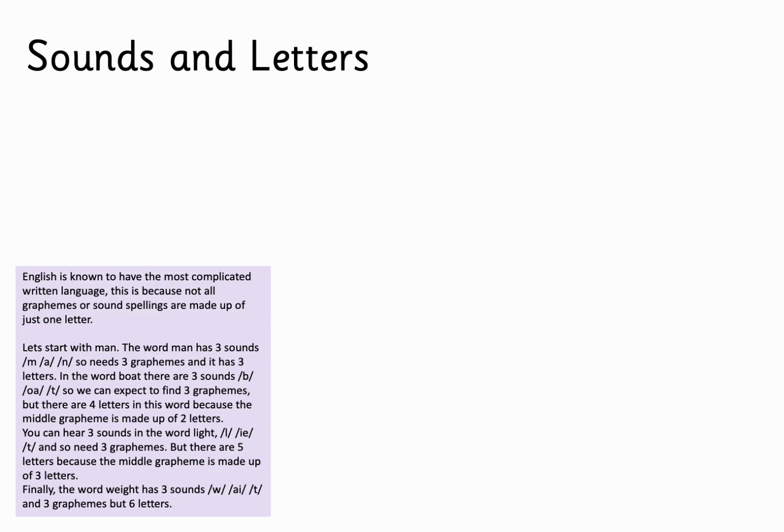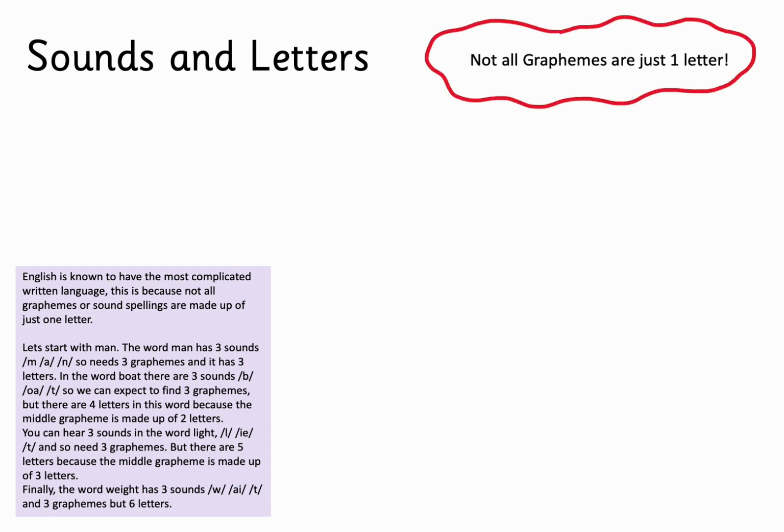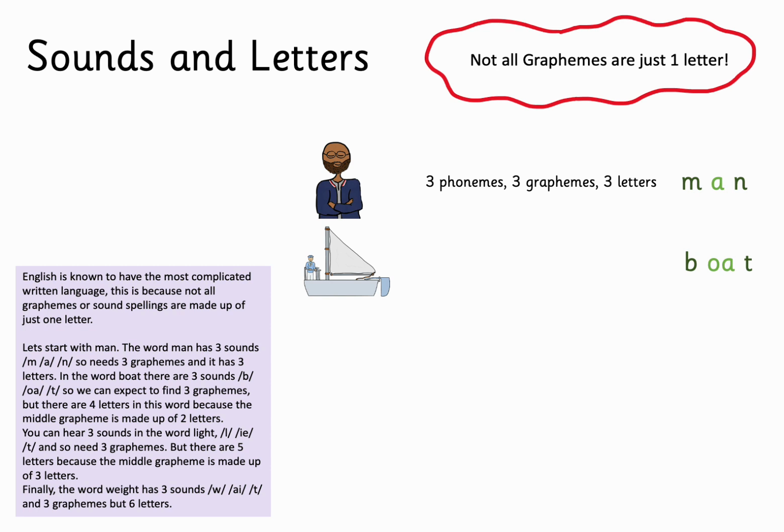English is known to have one of the most complicated written languages. This is because not all graphemes or sound spellings are made up of just one letter. Let's start with man. The word man has three sounds: m, a, n, so it needs three graphemes and it has three letters. In the word boat, there are three sounds: b, oa, t, so we can expect to find three graphemes.